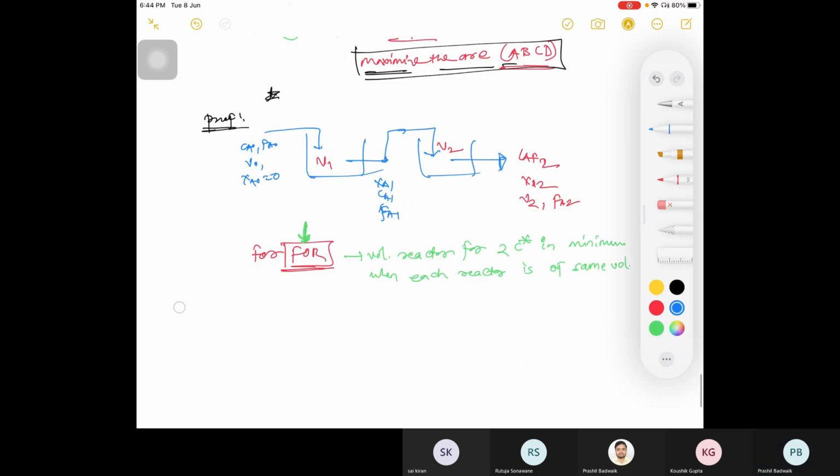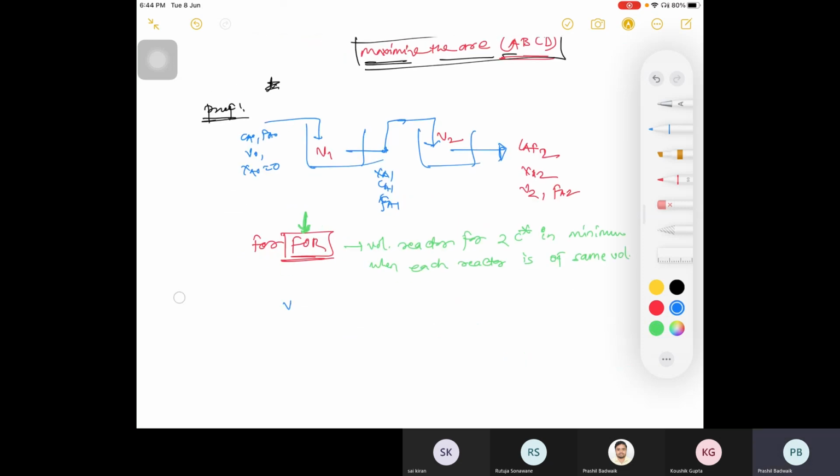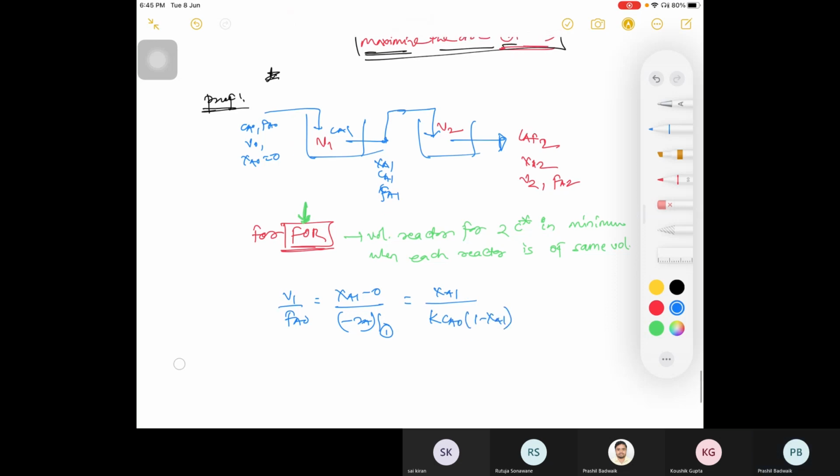Please write the equation: V1 divided by Fa naught is what? Xa1 minus 0 divided by minus Ra at exit of reactor 1. So I'll write Xa1 divided by K into Ca1. Ca1 can be written as Ca naught into 1 minus Xa1.